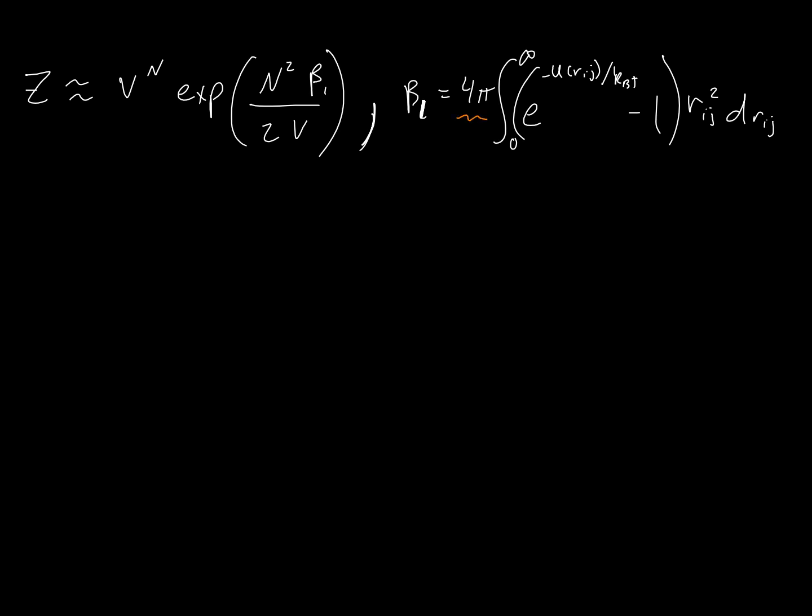The 4 pi r_ij squared, this is going from Cartesian to polar and symmetric. So what this is saying is that if we assume a particular binary interaction parameter, and integrate that from 0 to infinity, following this function here, we can get an assessment of what the configuration energy or configuration integral is.